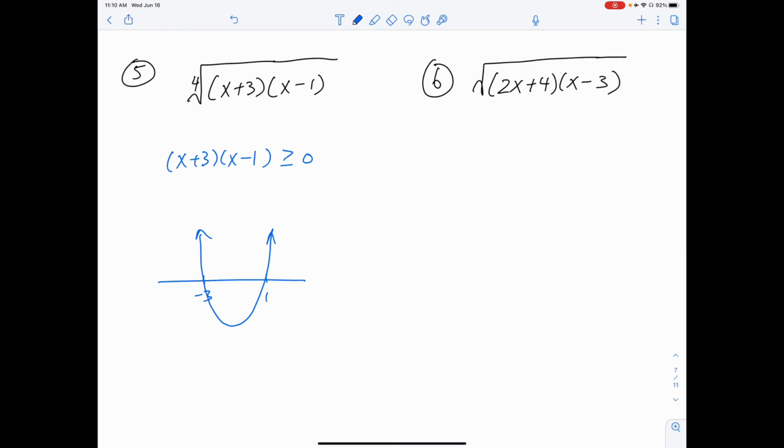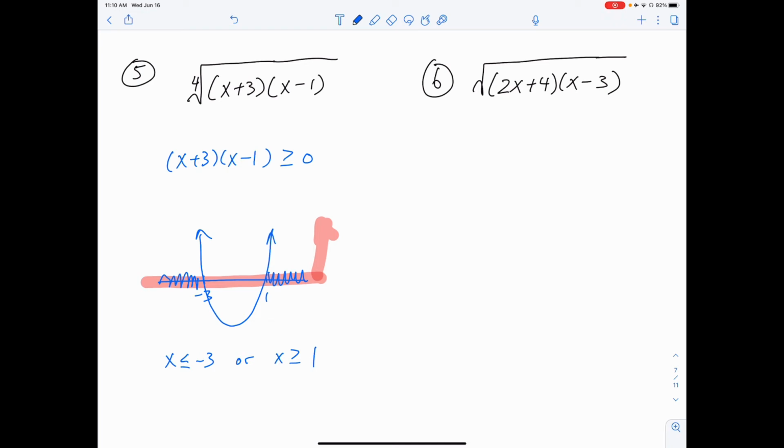Greater than or equal to 0 means that we have to be above this line. So we want to go upwards. Where does that occur in our graph? It occurs on the left over here and on the right. So the restrictions in this case, we would write out as x must be less than or equal to -3, or x must be greater than or equal to 1.